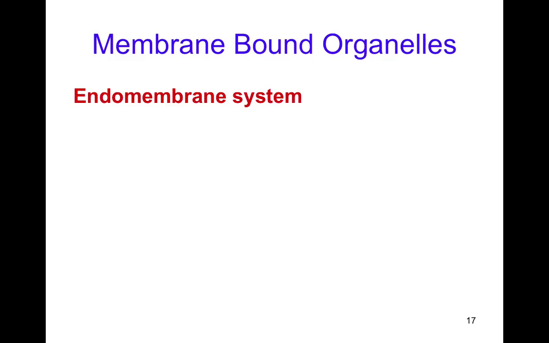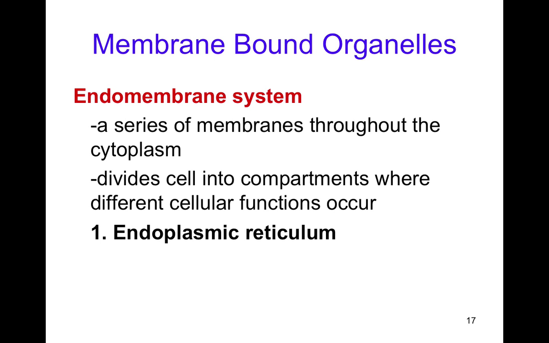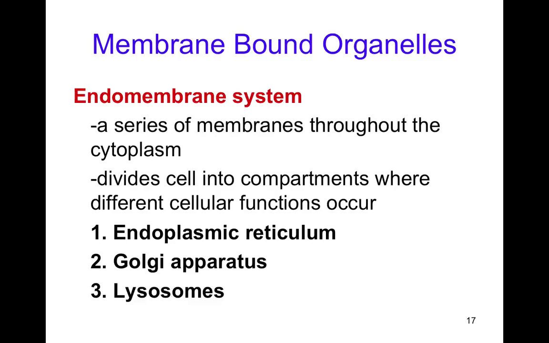So speaking of ER, we're going to talk about this whole endomembrane system, which includes the ER, the Golgi apparatus, as well as the lysosomes. So the endomembrane system is the term that is applied to all of these grouped together. They're a series of membranes throughout the cytoplasm, and what they do is they divide the cell into compartments where various cellular functions can occur.